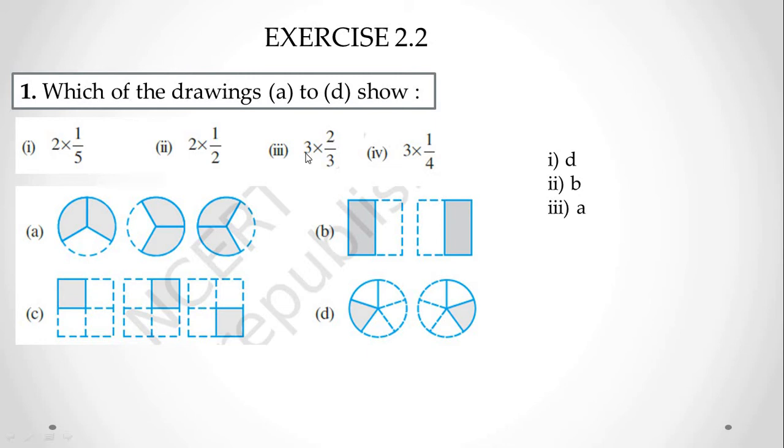So the third statement is matched with this one, because there are 3 repetitions, out of 3, 2 are selected. Next is the fourth one: 3 repetitions of the figure are there and out of 4, 1 part is selected, so it is 1 upon 4. So the answer of the fourth one is C.